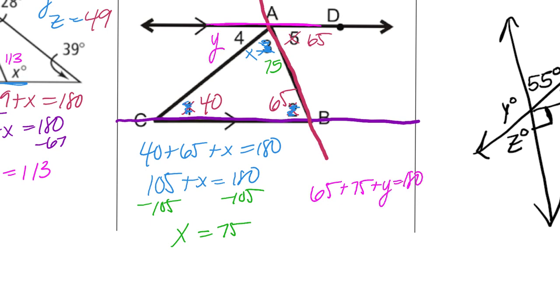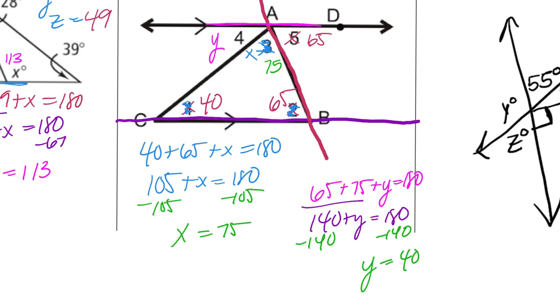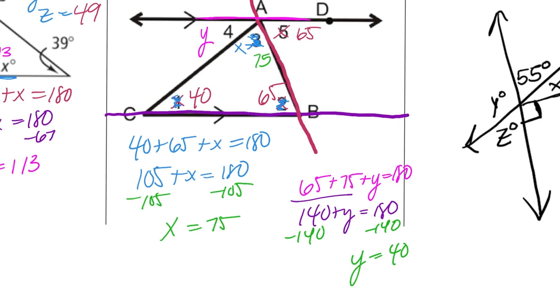And we can solve there. Combine your like terms, and we get 140 plus y equals 180, minus 140 on both sides. So y is going to equal 40. So that's how we get all of those angles.